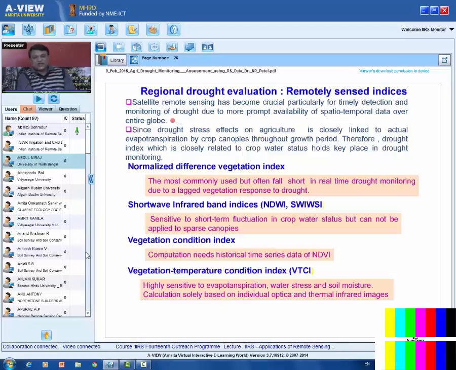So how is satellite remote sensing useful? It is a main source of crop related information, particularly because of its large area coverage, multi-frequency, frequent repeat, and data available at the detail the user requires.